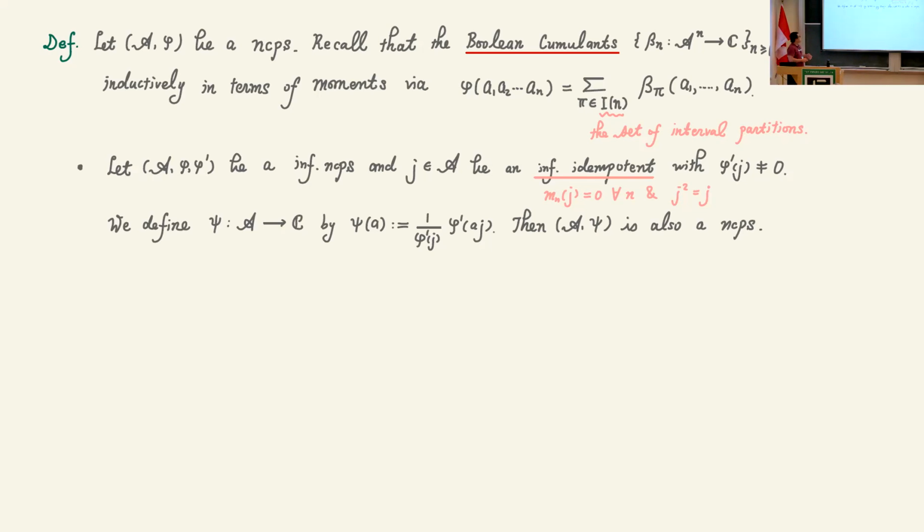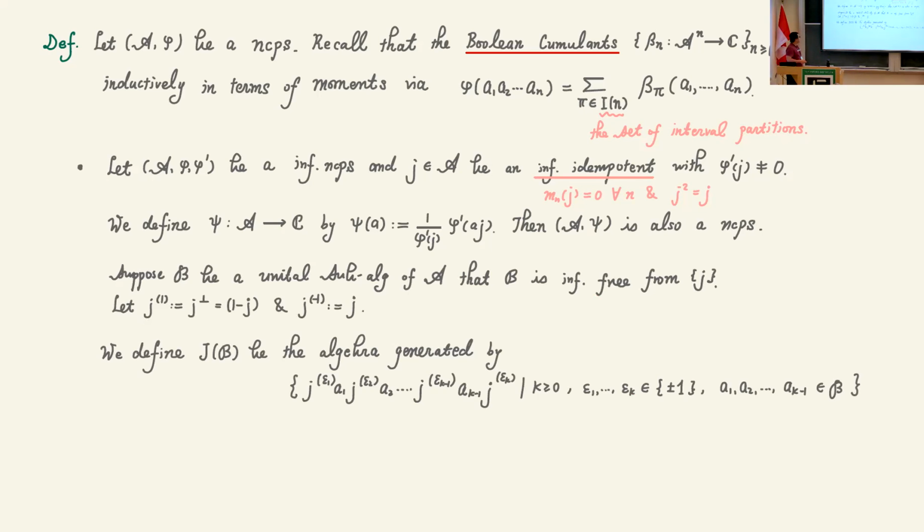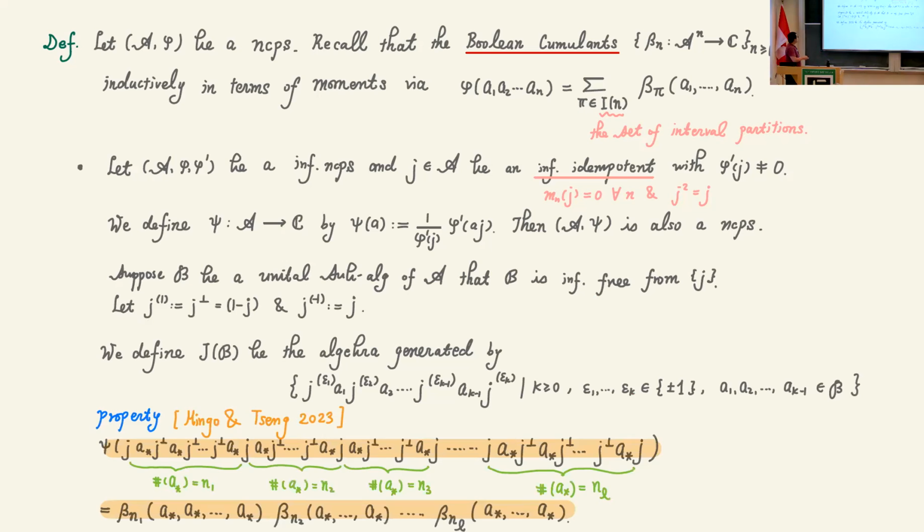But why do we consider this? Since they have a very beautiful property. Given a unital subalgebra B, if we consider B infinitesimal free from J, then we consider such a space JB.